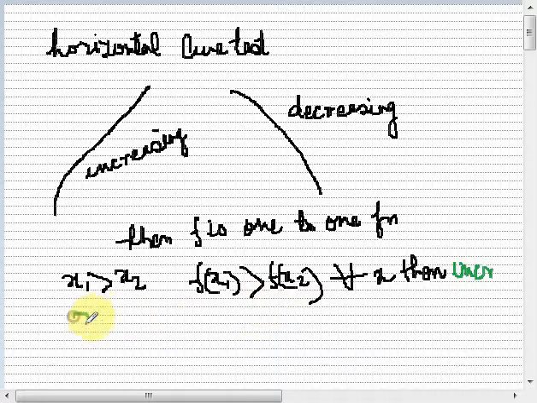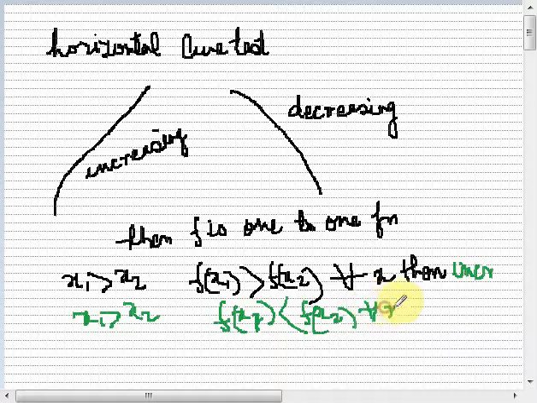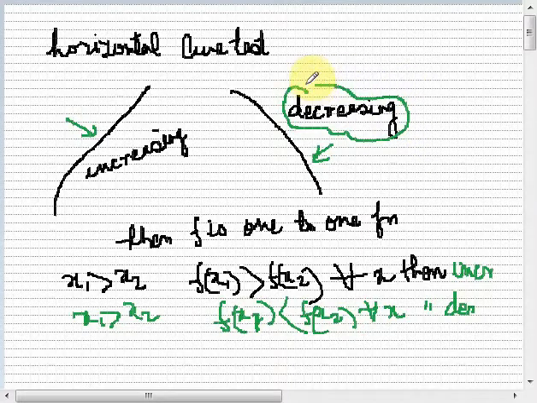However, if x1 is greater than x2 and f(x1) is less than f(x2) for all x, then it is a decreasing function. Suppose the function is increasing in the domain defined for the function, then the function is 1 to 1. And if the function is decreasing in the domain defined for that function, then the function is also 1 to 1 within that domain. Right.